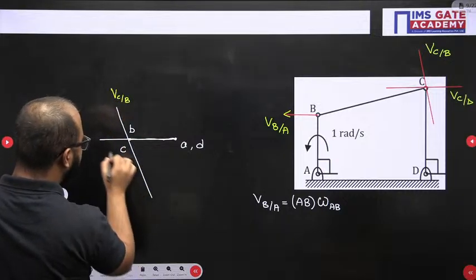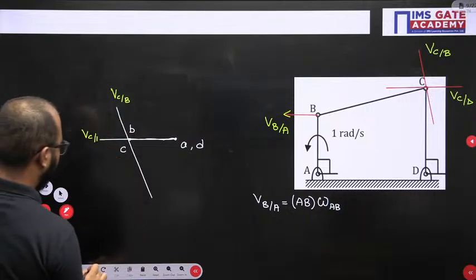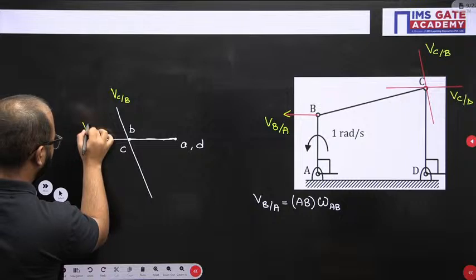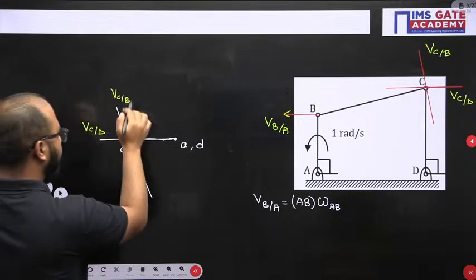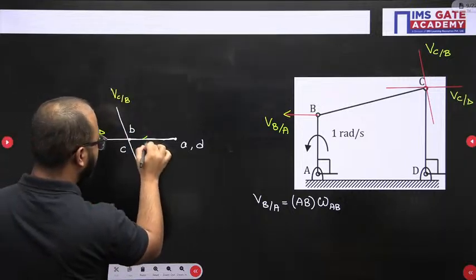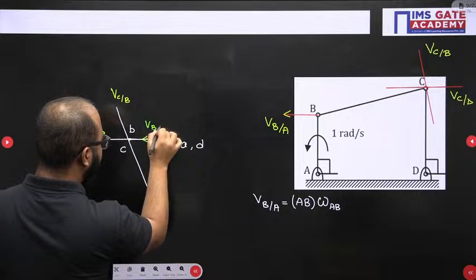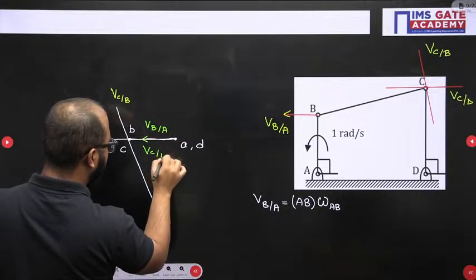But what will be the answer? Tell me, what is your answer? Same as what we are going to write here: B with respect to A and C with respect to D, both are equal.